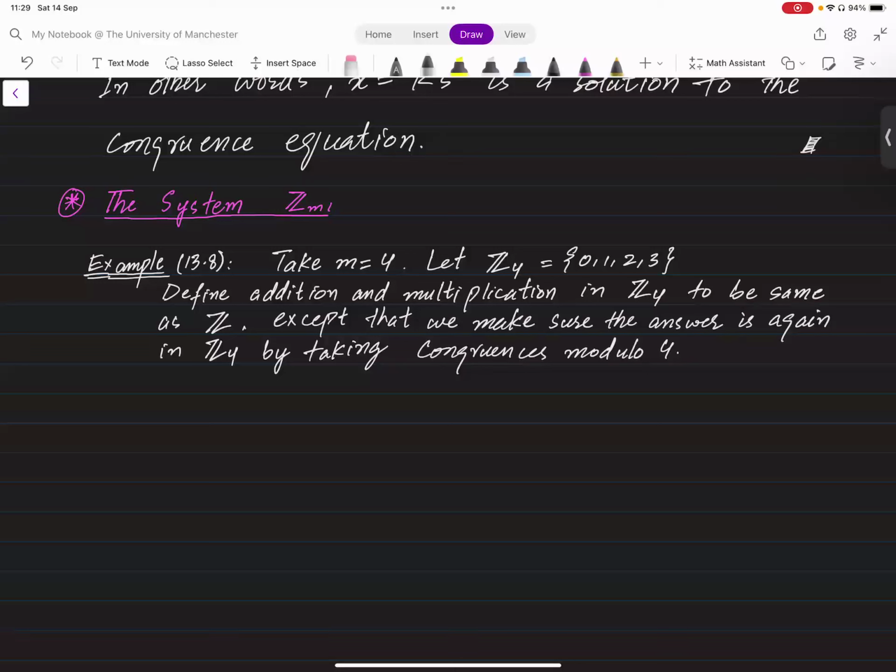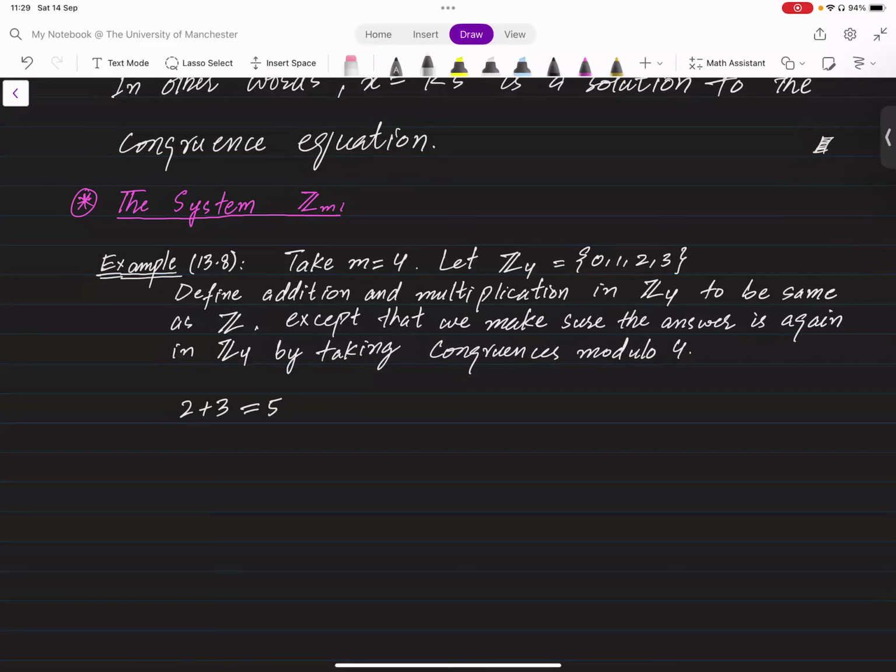For example, let's add 2 plus 3, that is 5, in Z4. But the number 5 is not in Z4. So this is congruent to 1 mod 4. So 2 plus 3 in Z4 is 1.